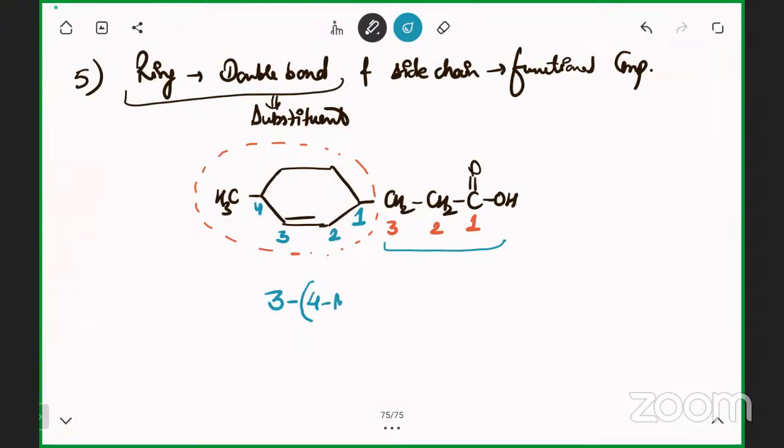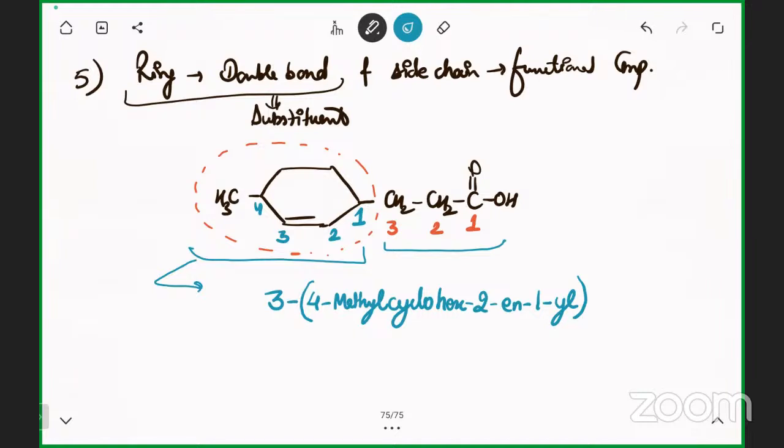Methyl. And then what we have? We have a ring. And for a ring, we use cyclo. Then hex. Then on the second position, we have a double bond in the ring, the 2-ene. And then the first position, just because it is a side chain, we'll use "-yl". So this is the name of this substituent.